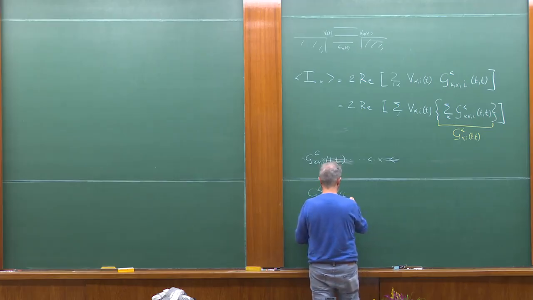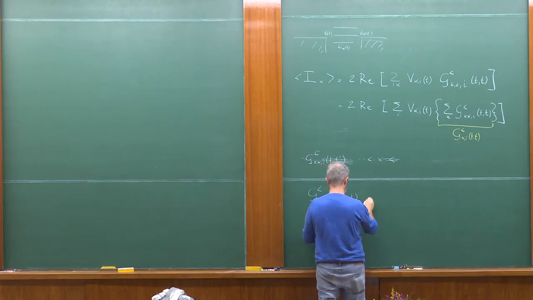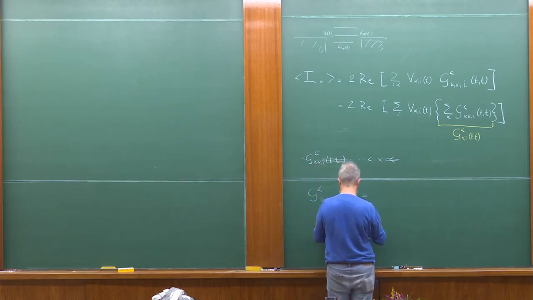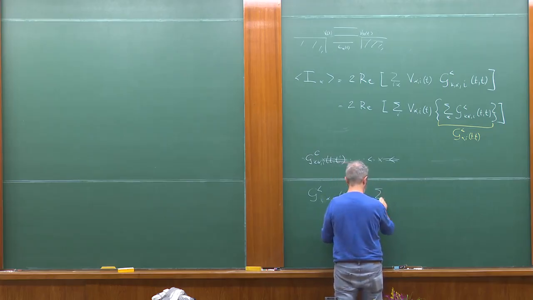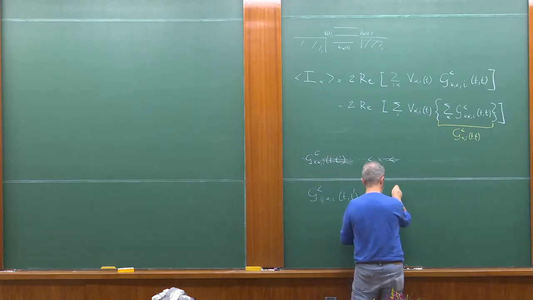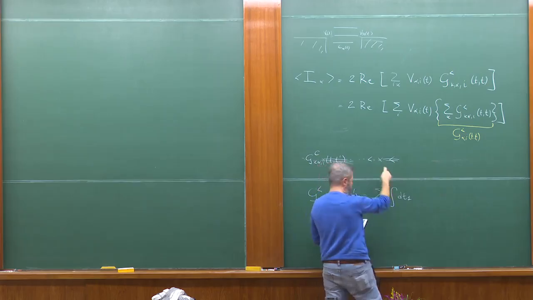So essentially what we discover is that this guy, G_{alpha i}(t,t'), is going to be equal to the sum over j, integral dt1. So this is the integration of this vertex here.